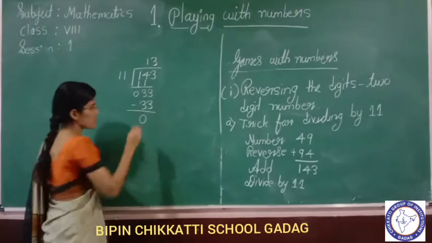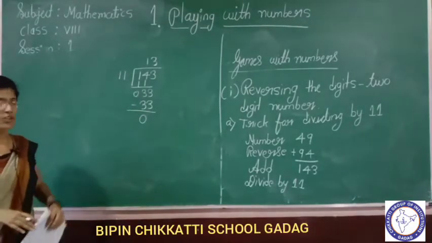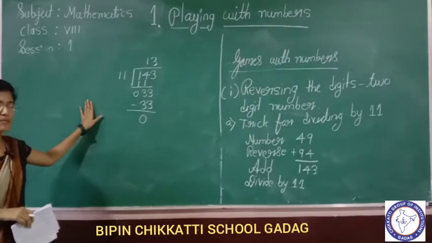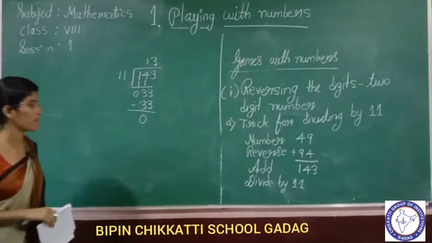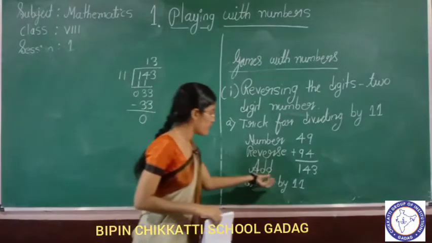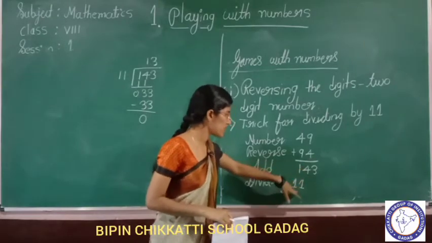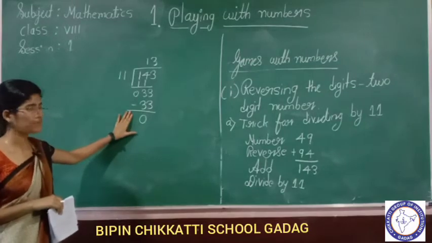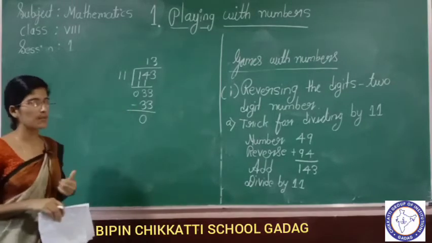Now see here, students, you are in 8th standard, you are so perfect with division, though you have used the same primary method. Okay, no problem. When you divide 143 by 11, the remainder is coming 0.